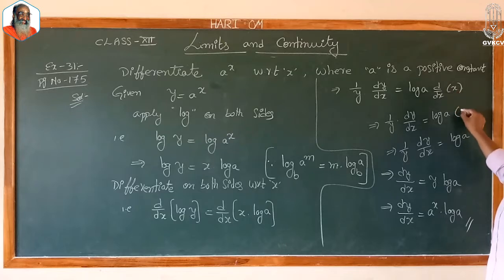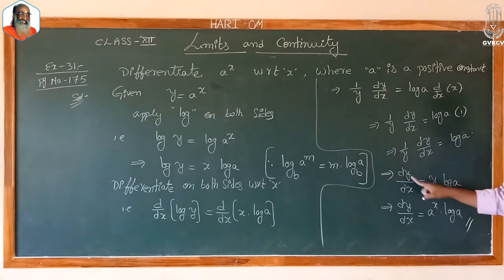The derivative of x is 1, so log a into 1 is log a. Y is divided, so it comes to this side and is multiplied: y into log a. Y is nothing but a power x. So the derivative of a power x is a power x into log a.